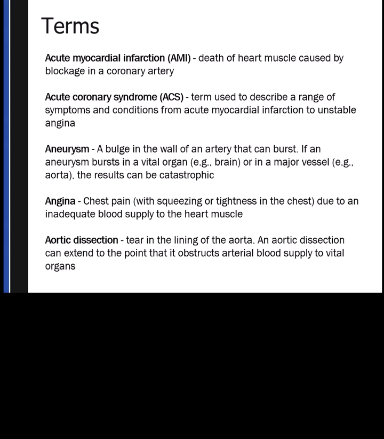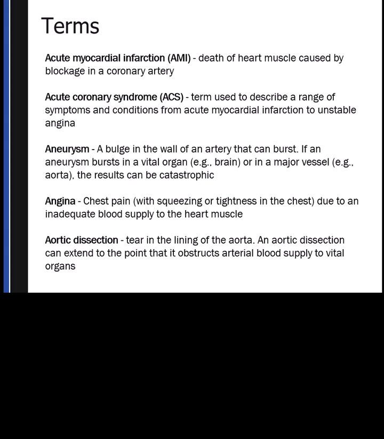It's important for you to remember this little mnemonic: time equals muscle. When we're talking about the brain or the heart, the longer the heart or brain is deprived of oxygen, the more muscle is lost.